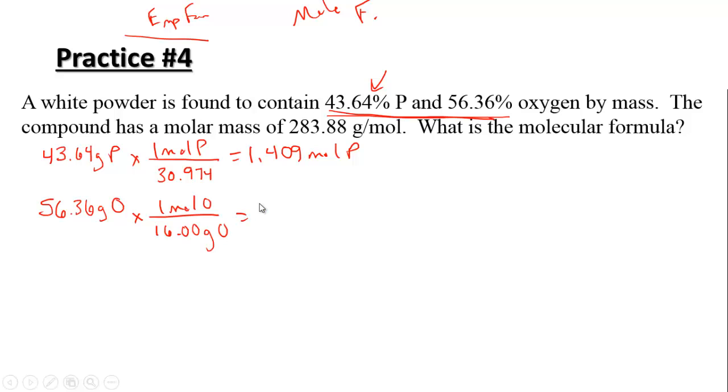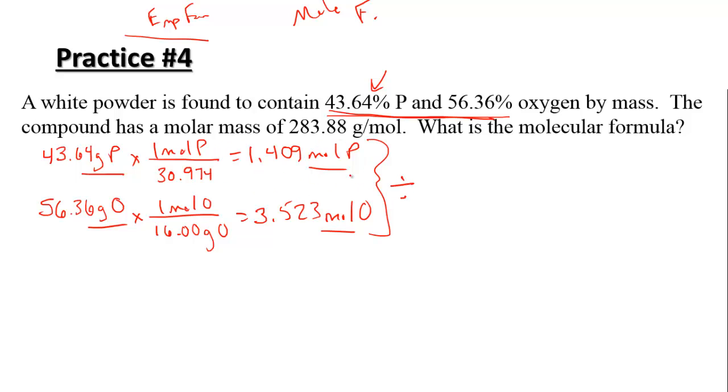And if you do that, you end up with 3.523 moles of O. So we got percents into grams, grams into moles, and now we divide by the smallest mole. And the smallest of those two is the phosphorus.